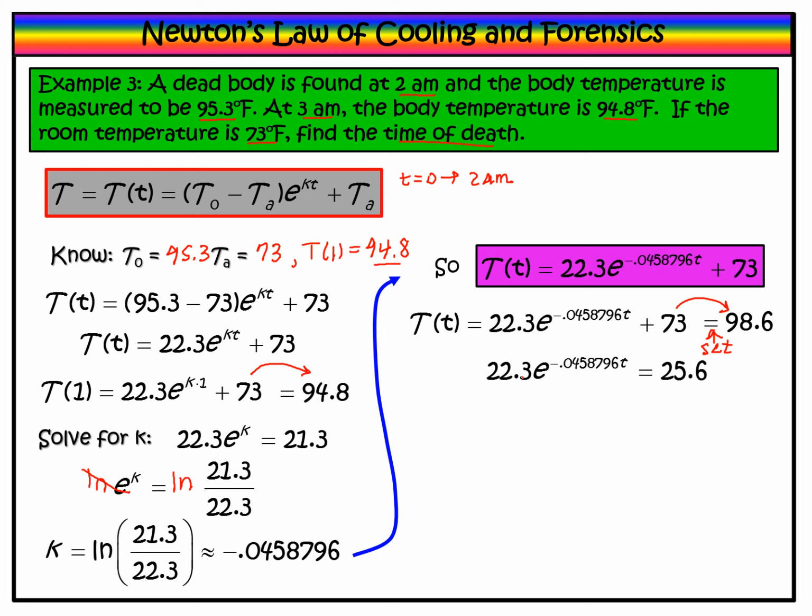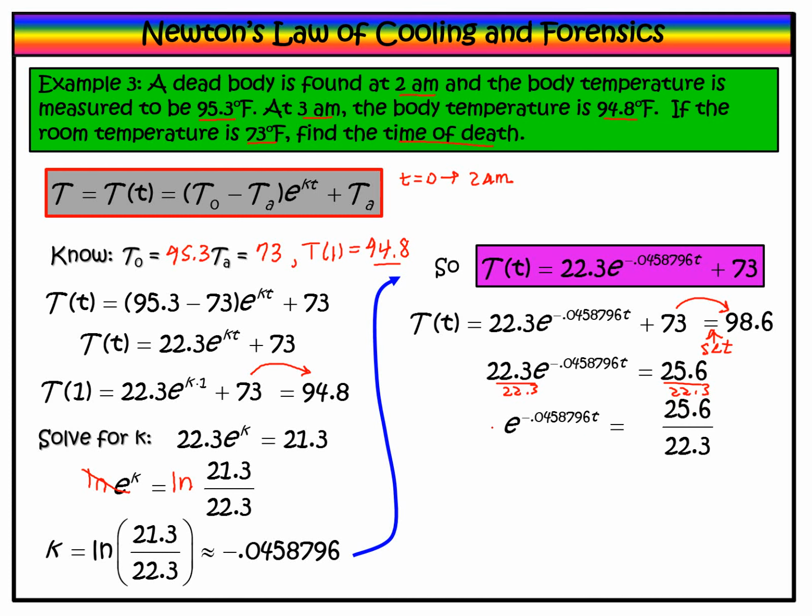Now we've got to divide that 22.3 off on both sides. So that gives us e to the negative 0.0458796t is 25.6 over 22.3.